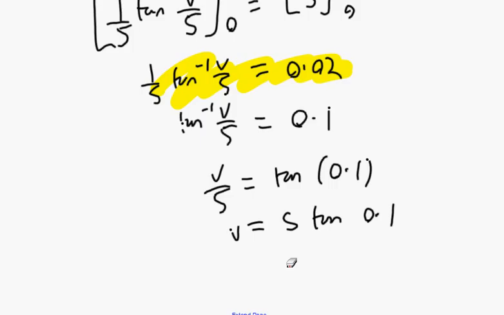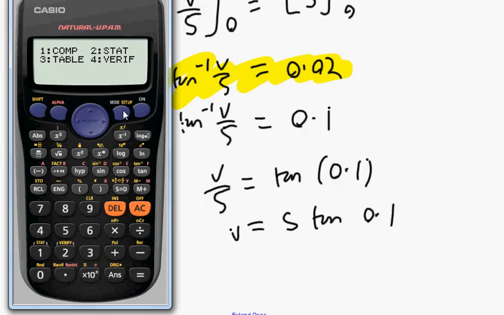Just give me a second. Yes, 5 tan 0.1. Yeah, just maybe your radians weren't on. Radians, you have to do that. Why? The maths is calculated in radians. Integration is calculated in radians, never degrees. It should be way bigger then.